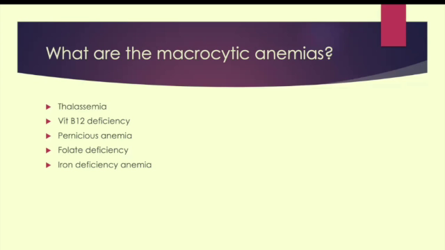These are your options: thalassemia, vitamin B12 deficiency, pernicious anemia, folate deficiency, iron deficiency anemia. So the answer is your vitamin B12, pernicious, and folate, which is the same thing.